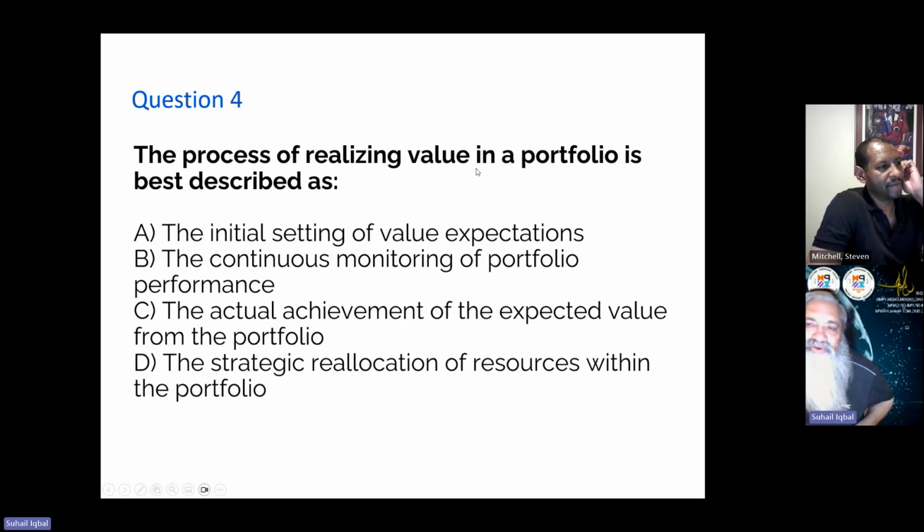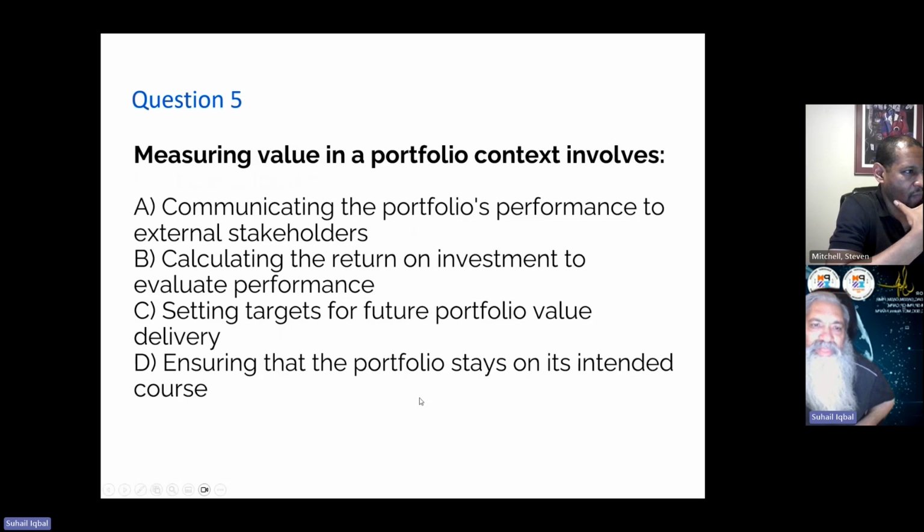The process of realizing value in a portfolio is best described by what? Initial setting of value expectation, continuous monitoring of portfolio performance, actual achievement of the expected value from the portfolio, strategic reallocation of resources within the portfolio. Realizing value, C, actual achievement of the expected value from the portfolio, right? Okay.